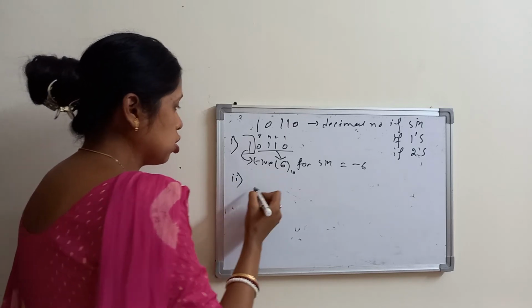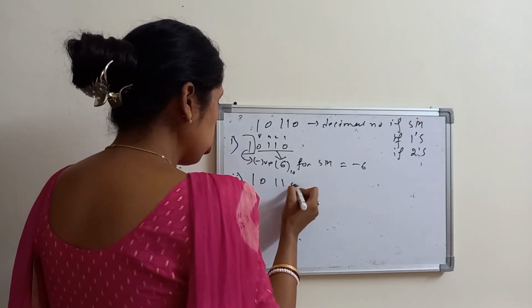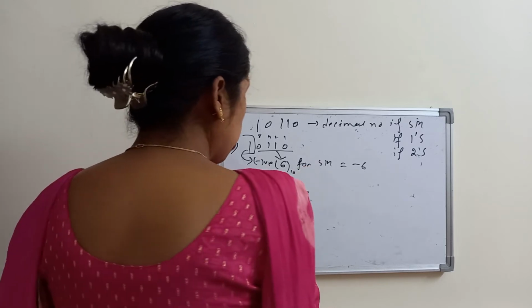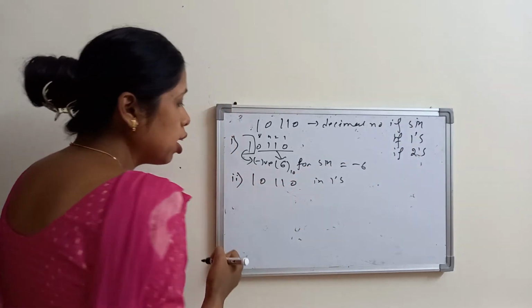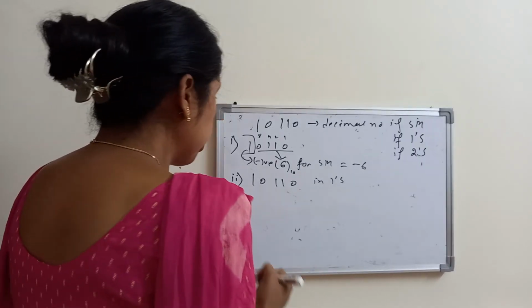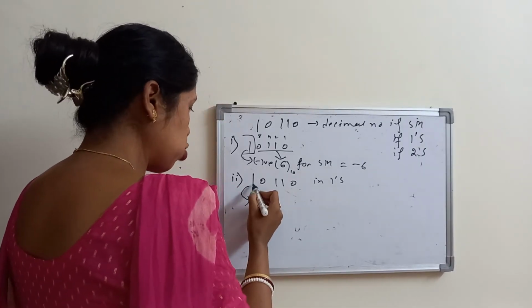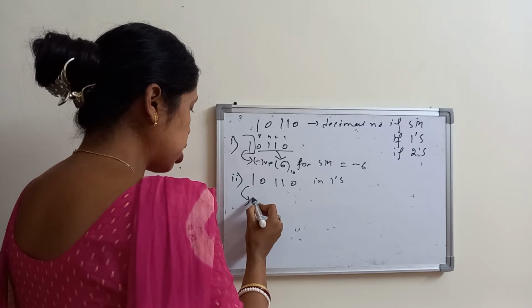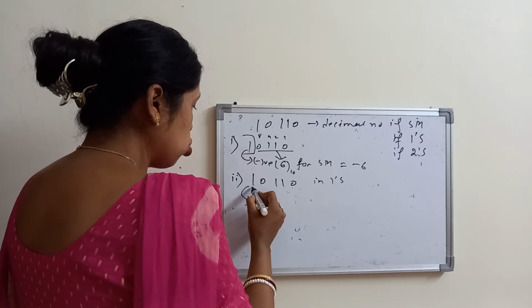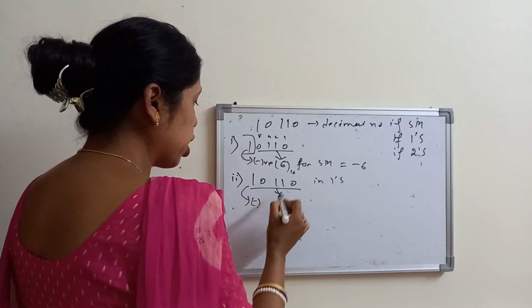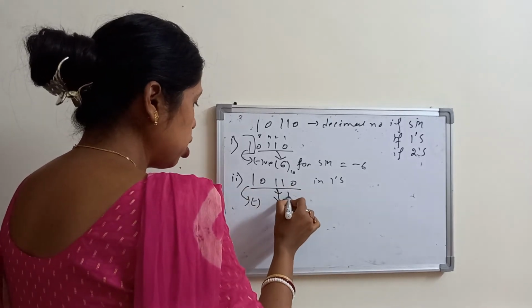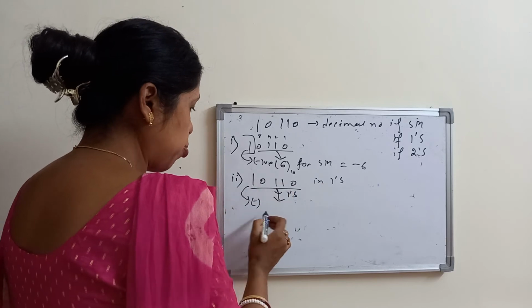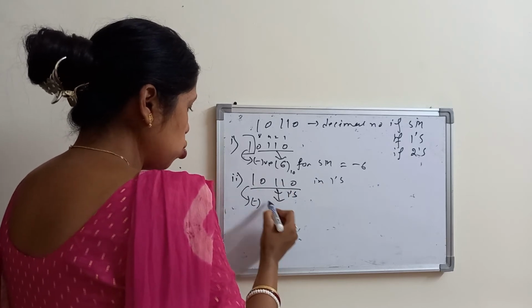Now, second. If this number is given in first complement format, what is the decimal number? Again I have to check the MSB in the same way. If the MSB is 1, that means the number is negative. So for getting the magnitude, I have to consider this entire number. First I have to do the first complement of this entire number.